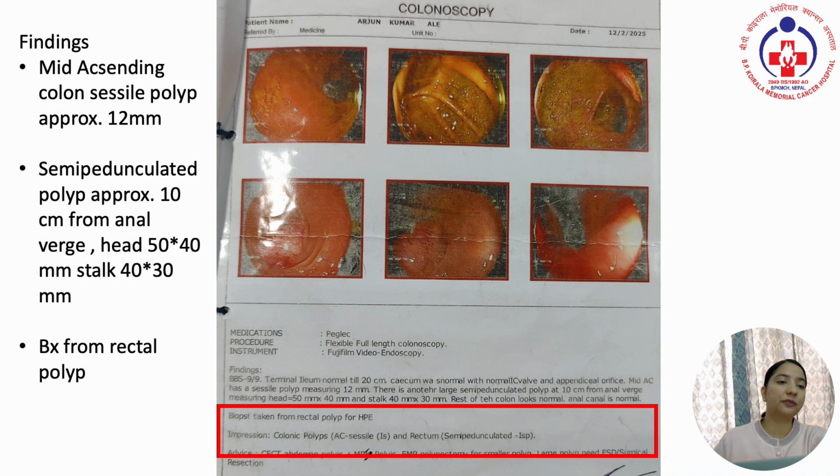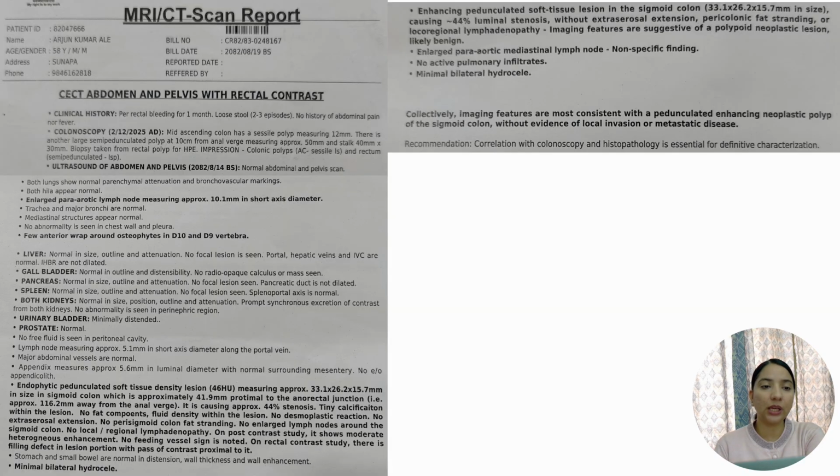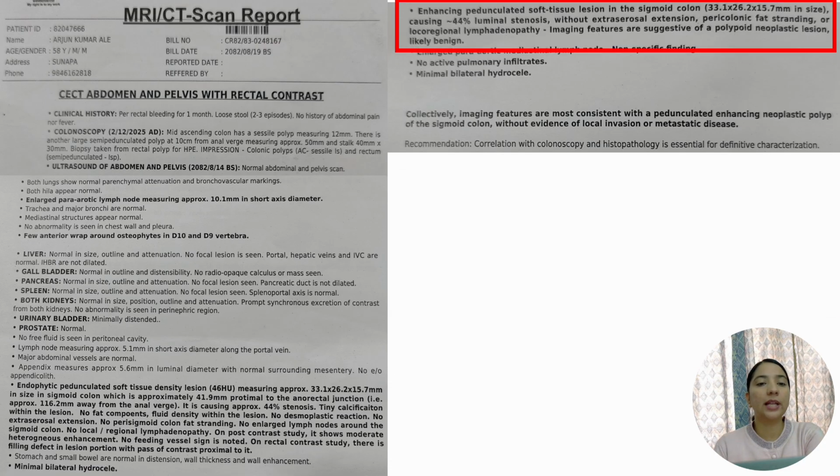This is the initial colonoscopy report, which was done in another center. It showed a mid-ascending colon sessile polyp of approximately 12 mm, and a semi-pedunculated polyp of approximately 10 mm, 10 centimeter from the anal verge, with size about 15 to 40 mm. In this center, they took the biopsy from only the rectal polyp. After that, the patient underwent CT abdomen and pelvis with rectal contrast, which showed an enhancing pedunculated soft tissue lesion.